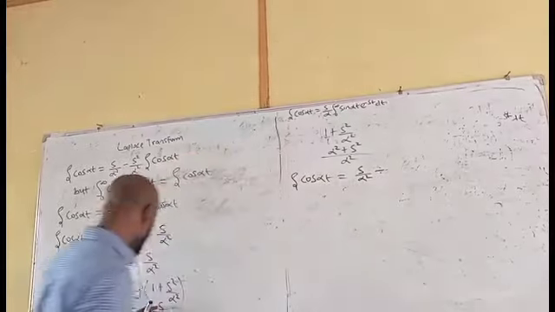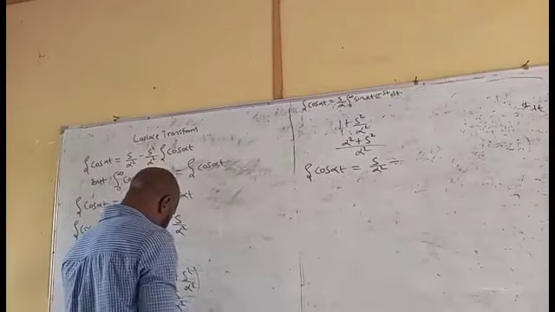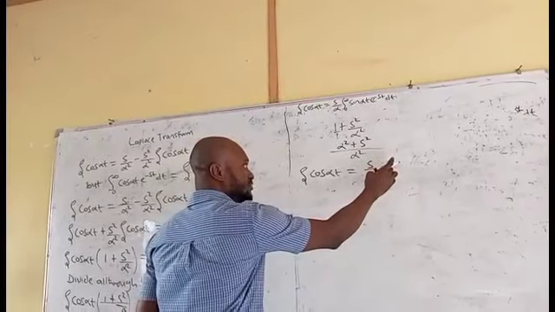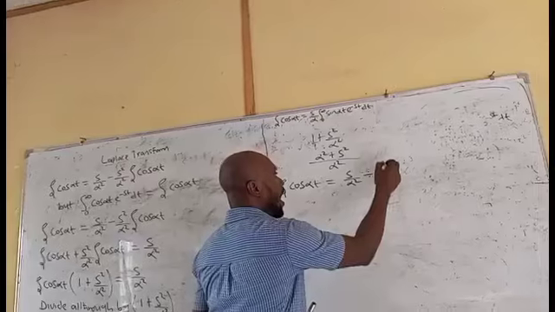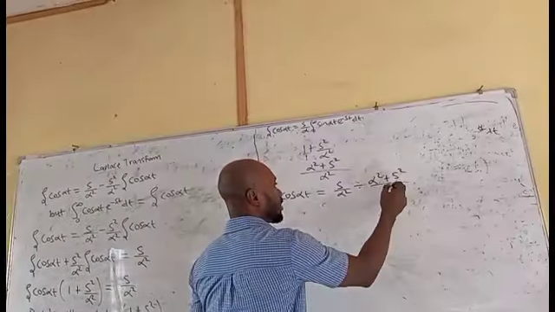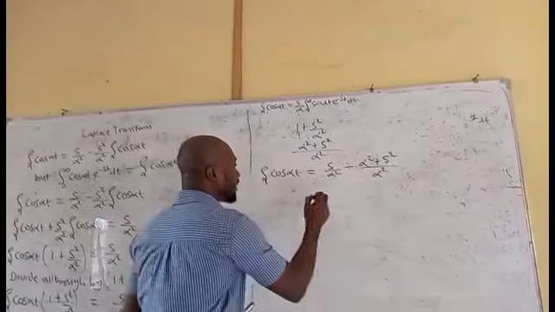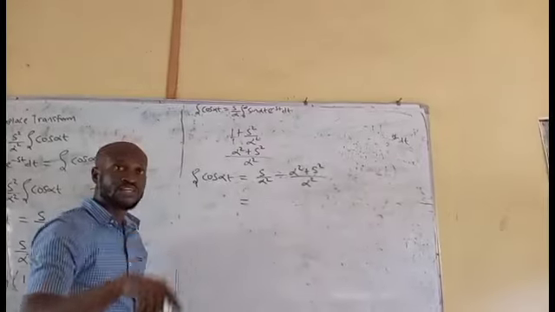So you now have s over alpha squared, then this line is division, divided by the LCM of this one, which is alpha squared plus s squared all over alpha squared. Finally, you change this division sign to multiplication sign.